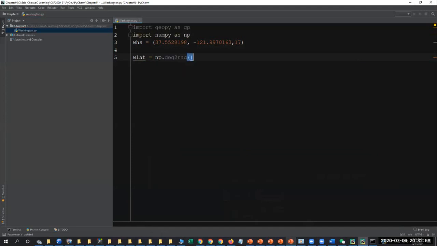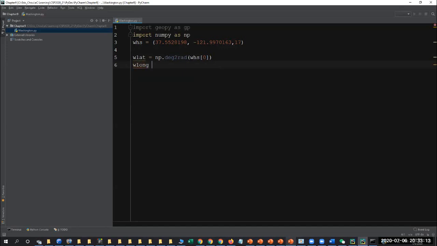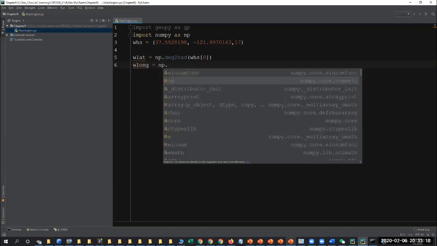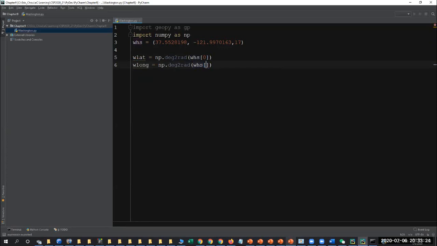NumPy has this function, degree to radian. And I'm going to put Washington High School's first tuple element into it. That will create Washington High School's latitude. And longitude will equal degree to rad of WHS 1.